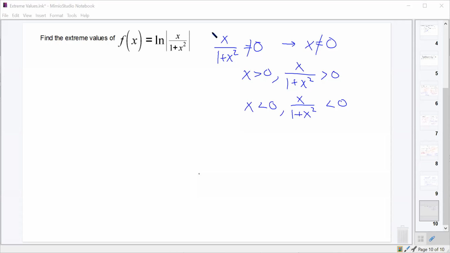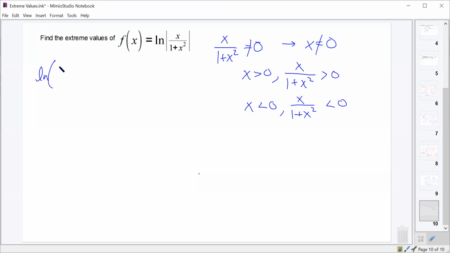Okay, so what we're going to do, because we know that when we take the absolute value of a positive, what do you get? You get the same thing that you started with, right? And if you take the absolute value of a negative, you get the opposite of what you started with.